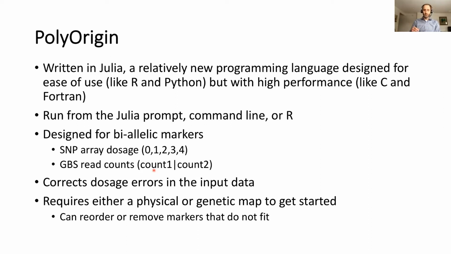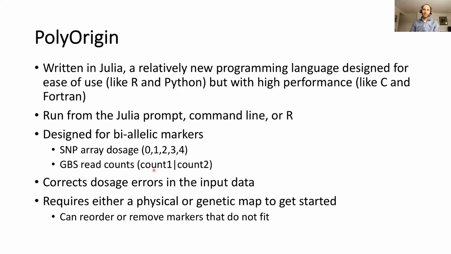And that's because the way the data are analyzed in PolyOrigin is on a chromosome-wide basis, and therefore it can properly weight the information that it gets from different markers based on the total read count. Whereas if you make the allele dosage calls independently, it doesn't know how much confidence to assign to those calls as it tries to accumulate the data across the whole chromosome.